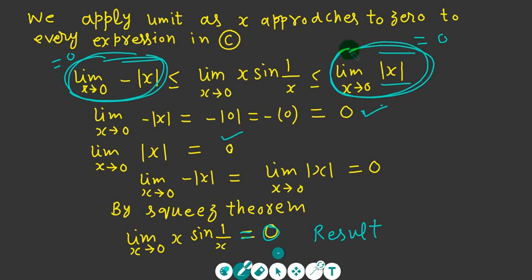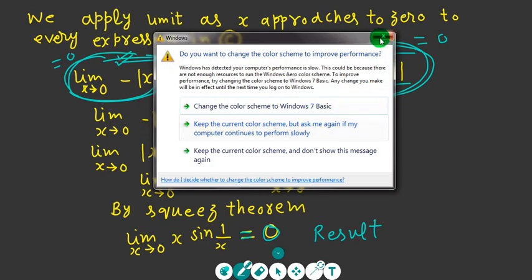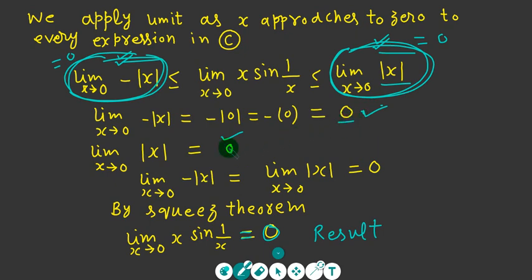By the squeeze theorem we know that if the limit of the smaller function and the greater function become equal, then the limit of the middle function will also be equal to them. So the limit of the smaller function, minus absolute value of x, is equal to 0. And limit x approaches 0 of absolute value of x is equal to 0.